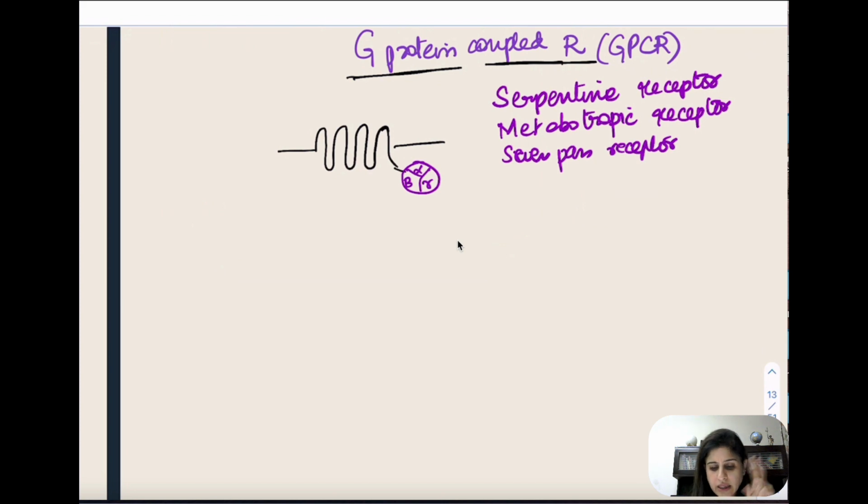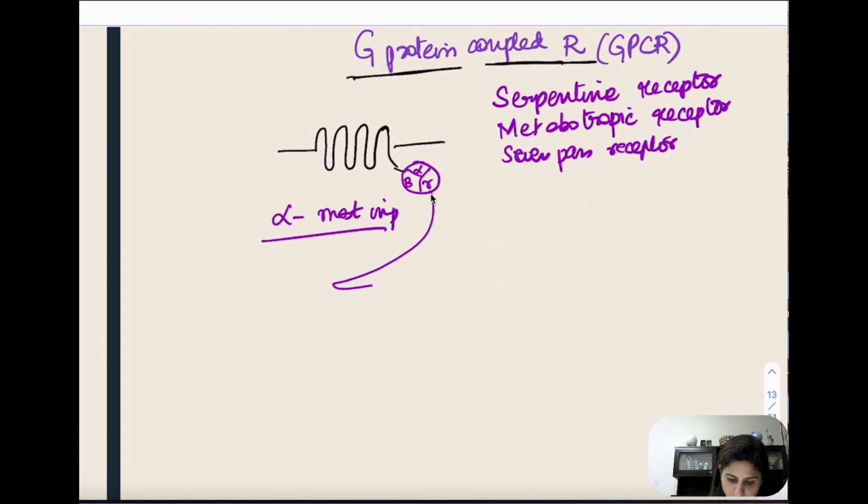Now, out of these 3 parts, alpha, beta, gamma, alpha is the most important. Most of the reactions occur because of this alpha part. This whole thing, whether it is alpha, beta, or gamma, is the G protein, and it can be of various types.